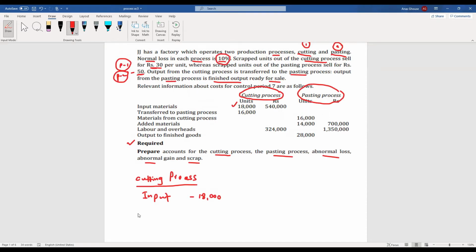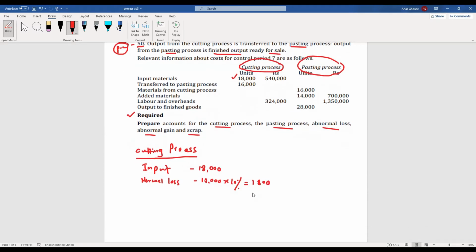So let's calculate the normal loss: 18,000 times 10%, so that will be 1,800.